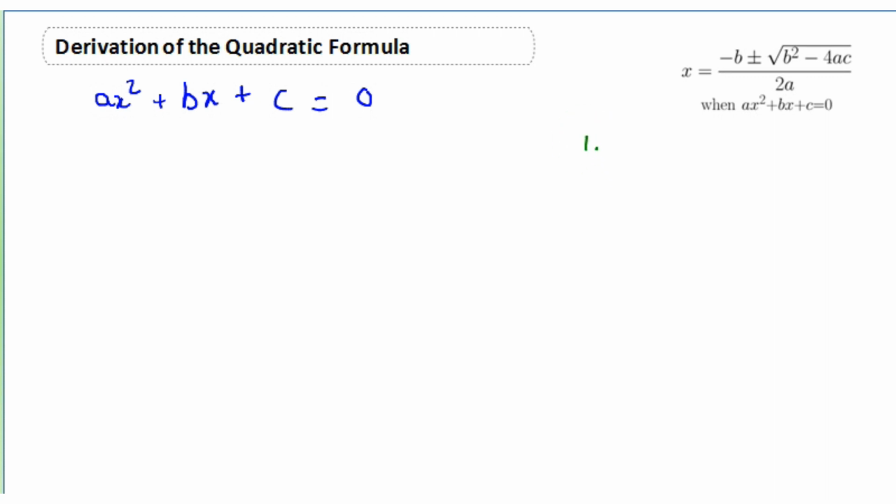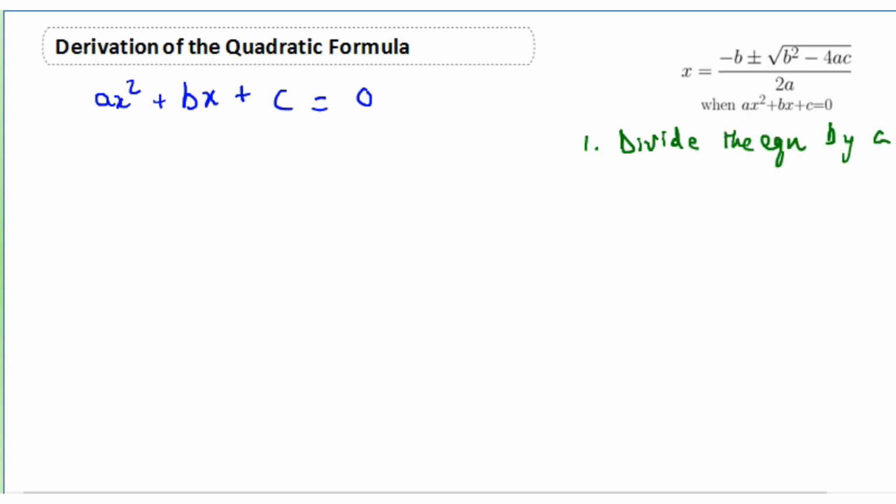The first step was to divide the equation by a. Now what we are really concerned with is the value of x by itself, and we don't want any coefficients of x square because that just makes the whole thing very difficult.